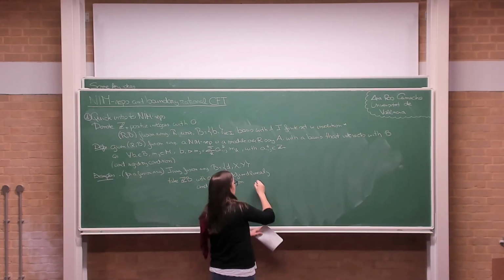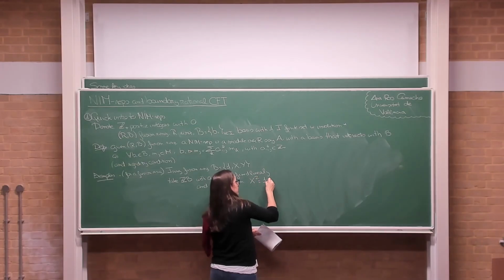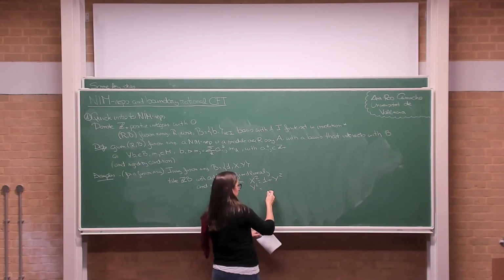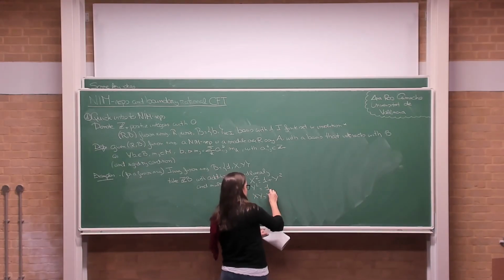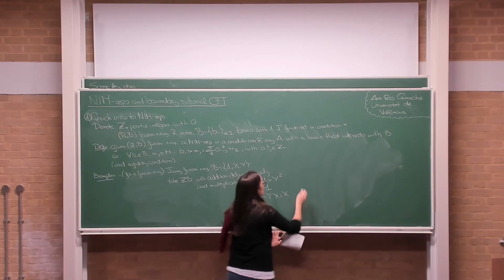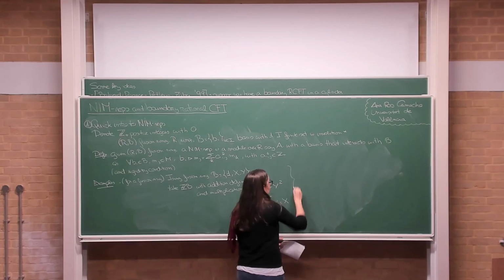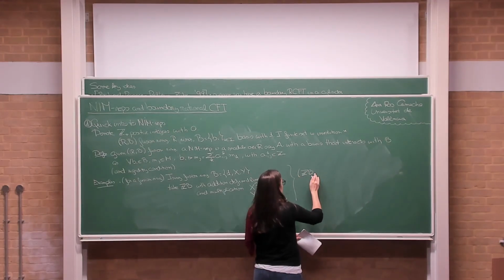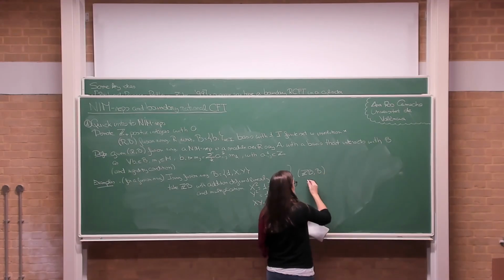So X squared gives you 1 plus Y, Y squares to 1, and XY equals YX equals X. So this pair, B and the ring, is a fusion ring.